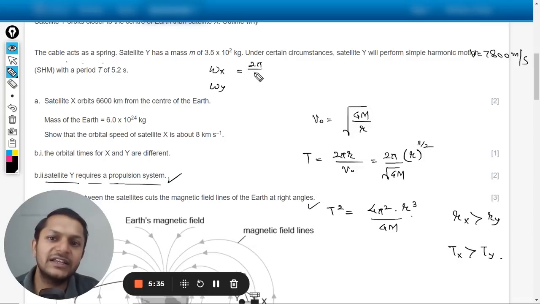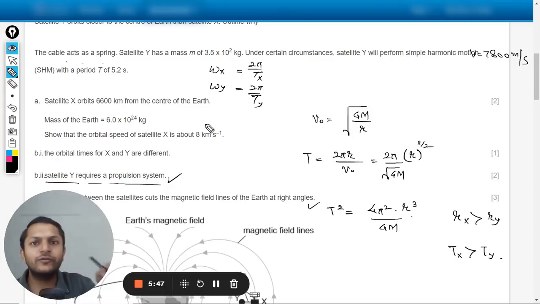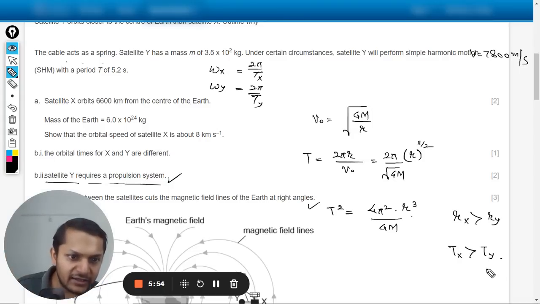So you can just say that it is 2π/T, 2π/T, and because the time period is different for X and Y, the angular velocity is different. So obviously one is going like this, so the other would be moving at a faster speed. Sorry, for Y the time period is lesser.